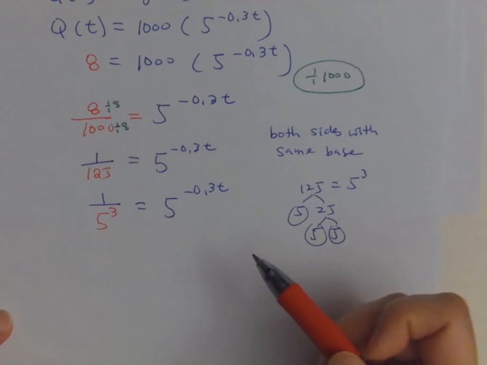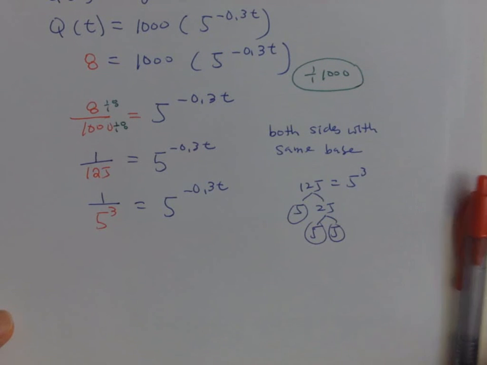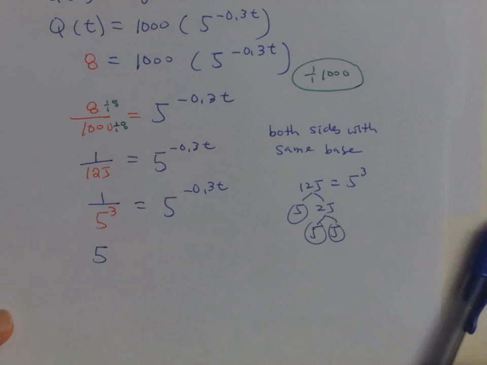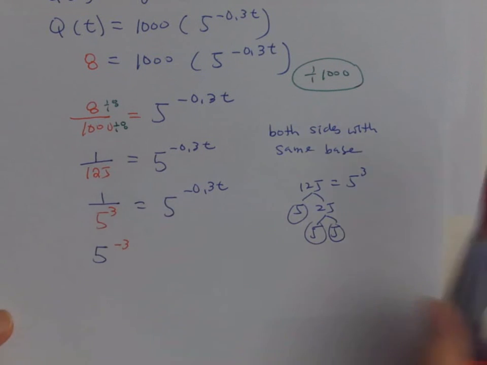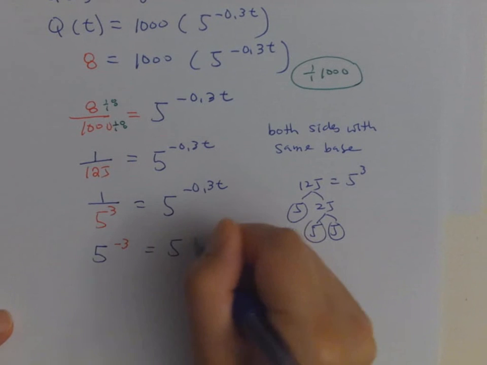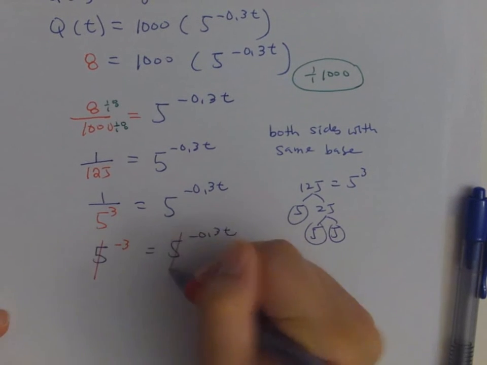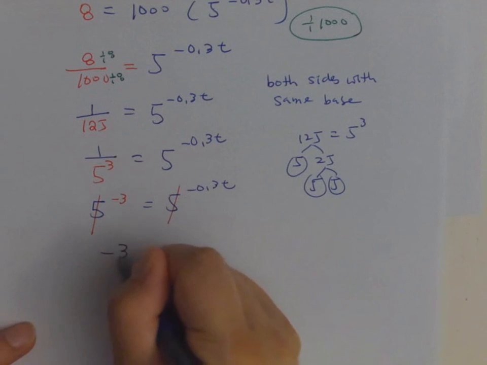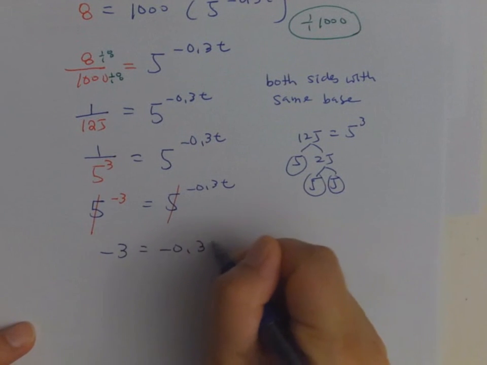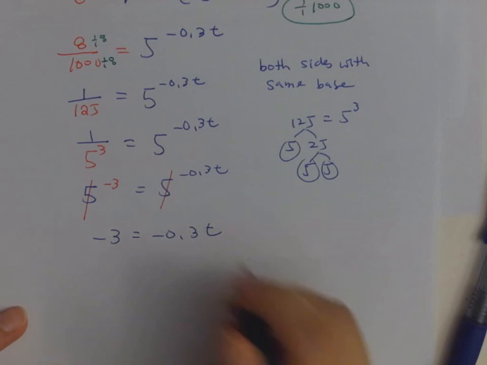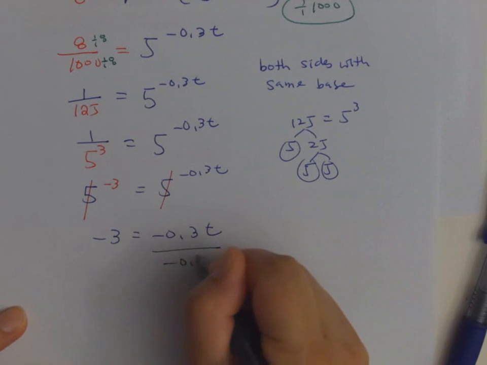All right? So 1 over 5 cubed means what kind of exponent? 5 raised to the negative 3 power equals 5 to the negative 0.3t. So when you get to here, we can cancel the base, right? So negative 3 equals negative 0.3t. All I need to do now is divide both sides by negative 0.3.